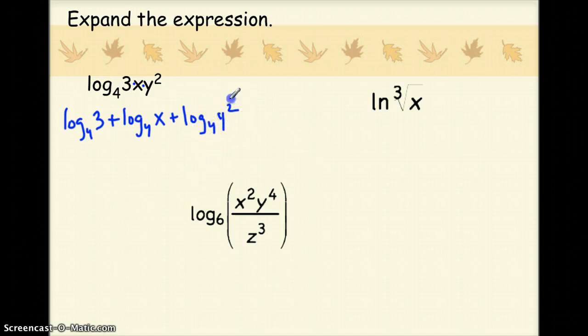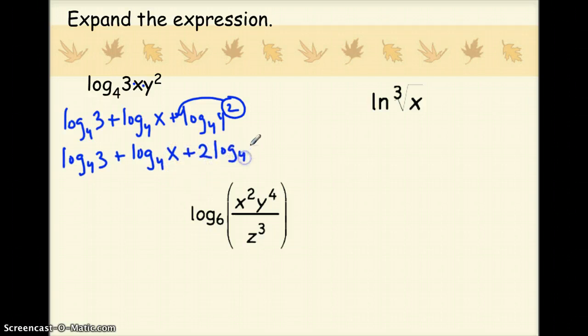And then again with the third property, if I have an exponent, I can bring it down in front. But it's only going to go down in front of the term with the y because the y was the only thing being squared. So I bring that 2 in front and then have the log base 4 of y.